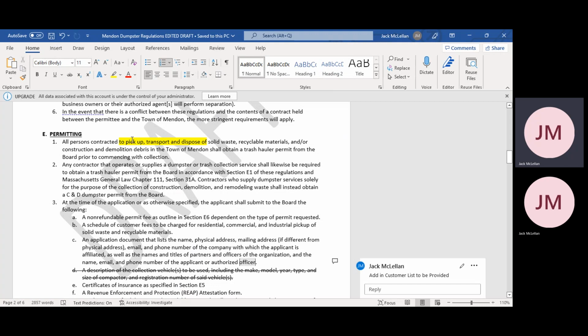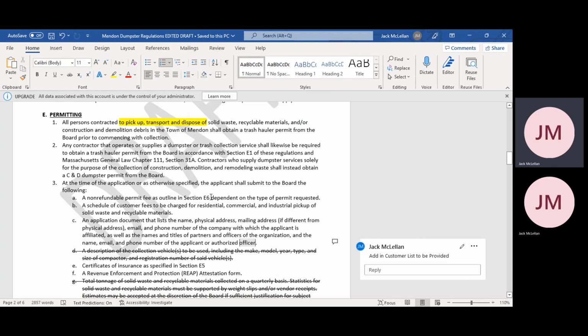The town of Mendon shall obtain a trash hauler permit from the board prior to commencing with collection. Okay. For some reason, the word pickup alone, I have to put it in context. Pick up trash, versus collect, because we're collecting it and putting it at the curb so they can pick it up.